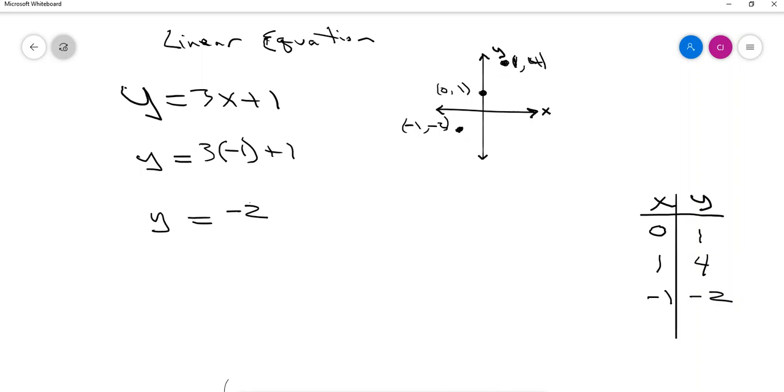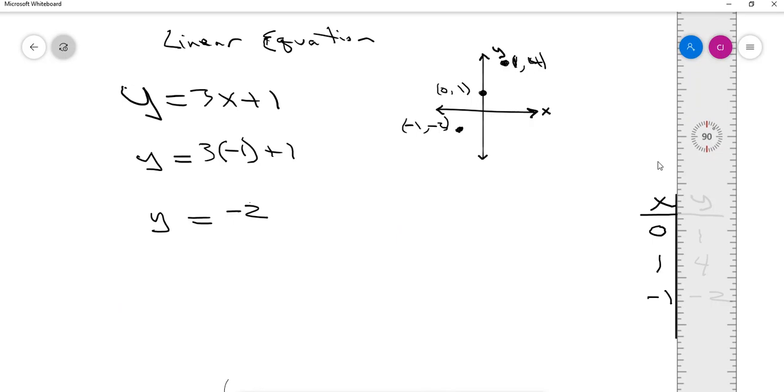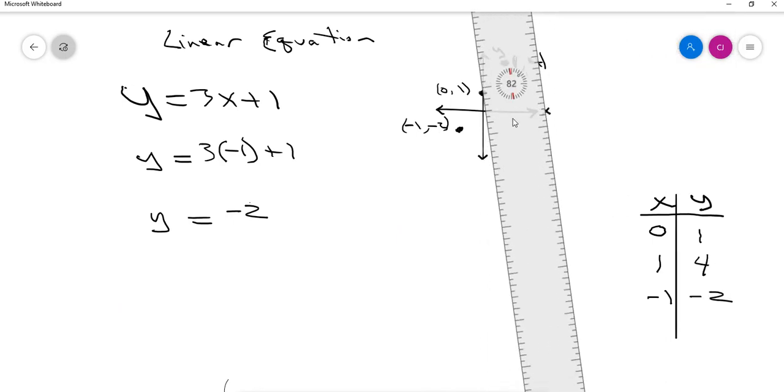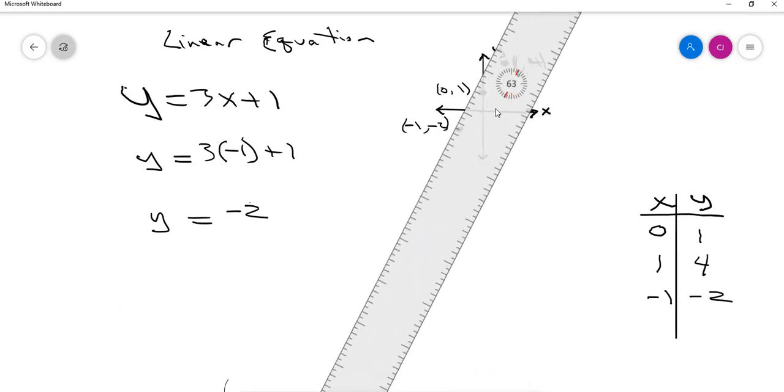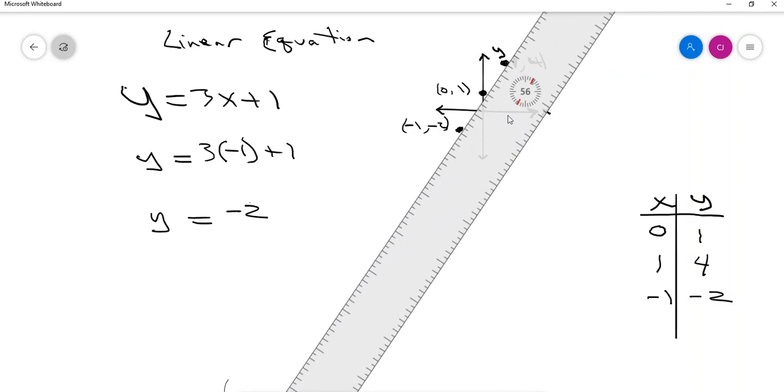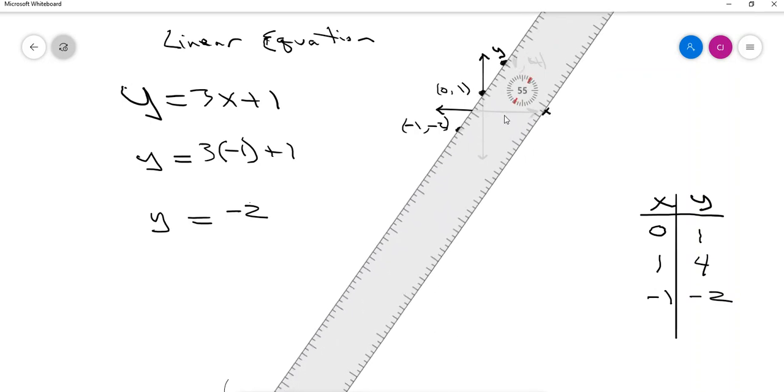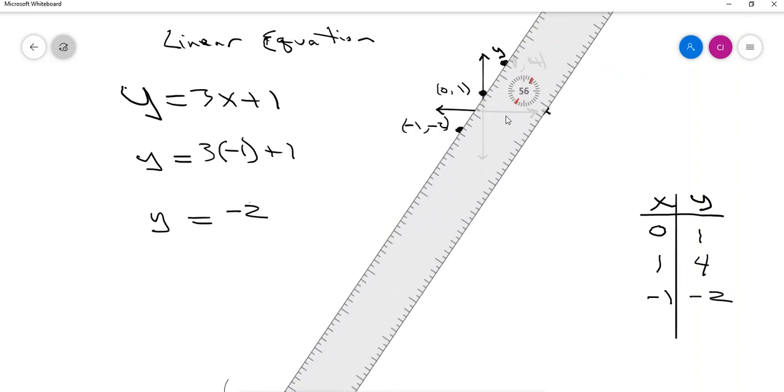And so I'm going to bring this thing over, draw my line through there. Okay.